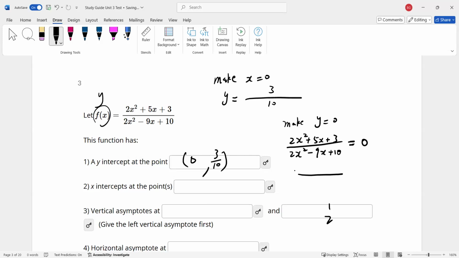The numerator can be factored as x plus 1 times 2x plus 3.